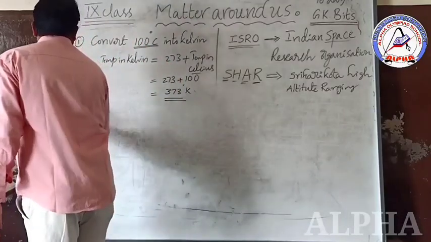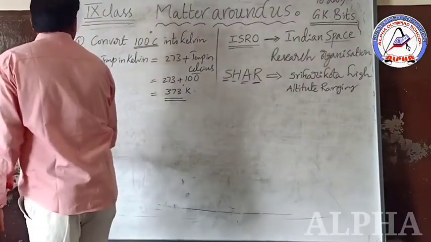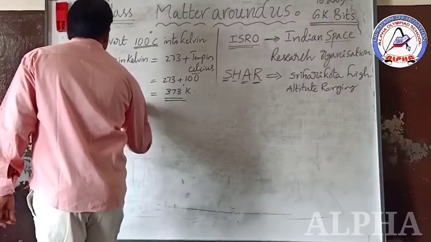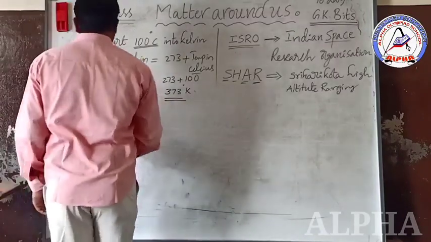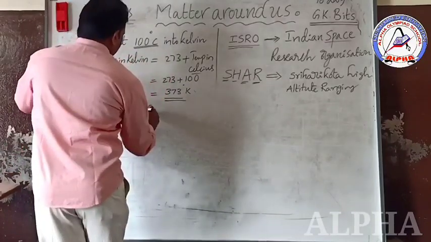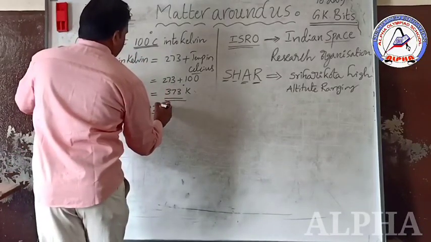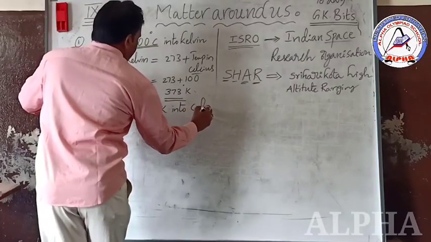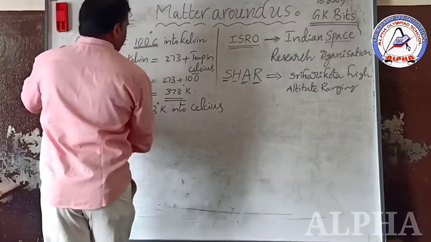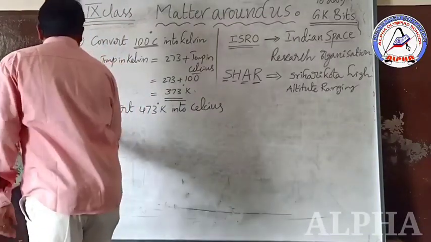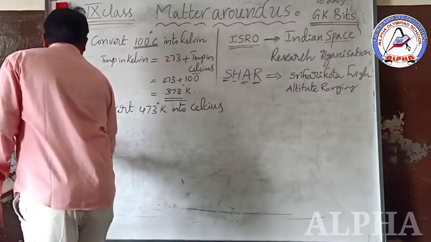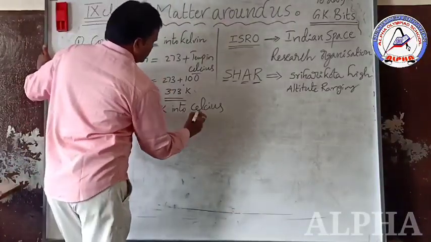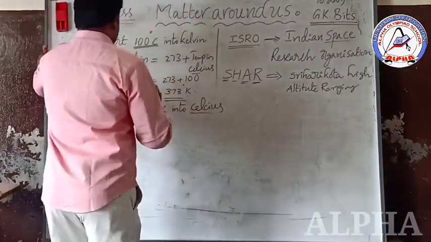One more problem, the reverse. Convert 473 degrees Kelvin into Celsius. What is the solution? Here they are asking to find the Celsius temperature.